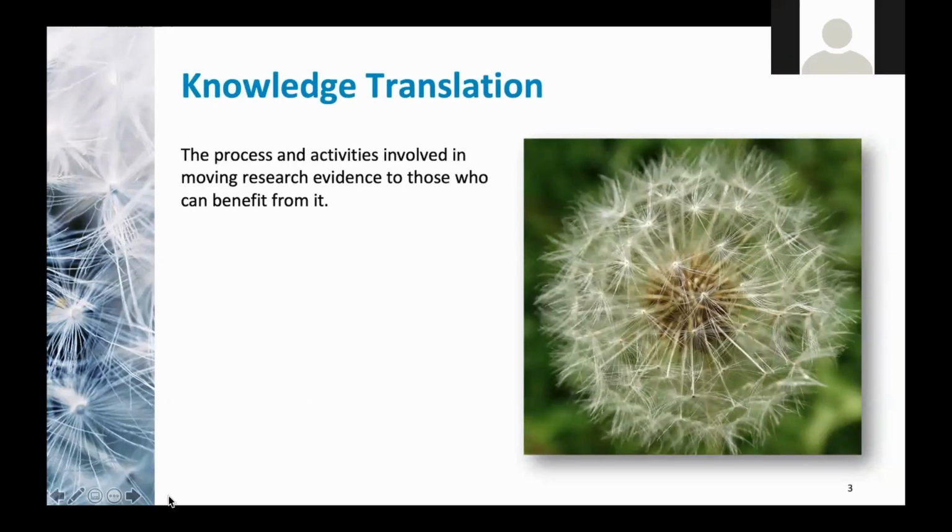So knowledge translation, as you are all probably very familiar, is a process and a set of activities that we use when we want to move research evidence to those who can benefit from it. And what I like to point out as a distinction when I talk about knowledge translation is the emphasis on benefit. As you can see, I did not use the verb use. Knowledge translation really is about taking our research evidence and making it widely available, accessible in ways people can understand so that they might benefit from that research evidence.